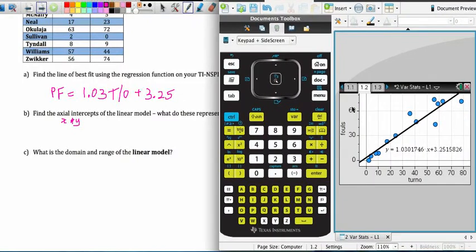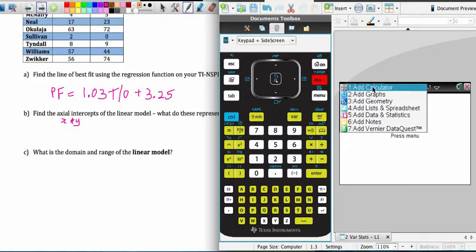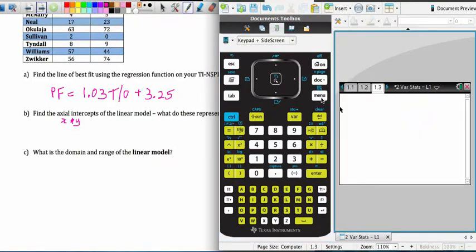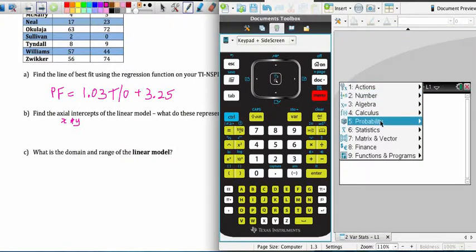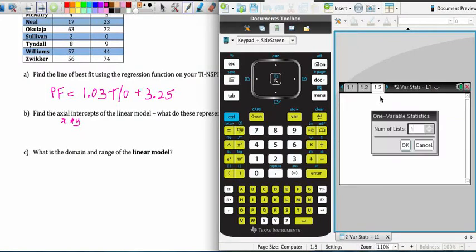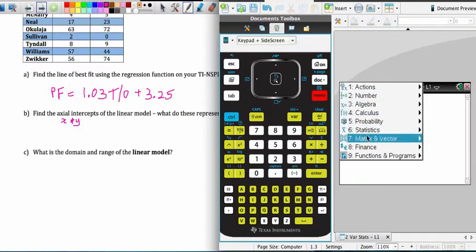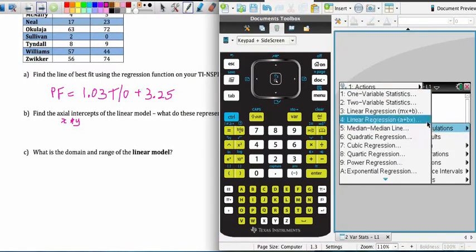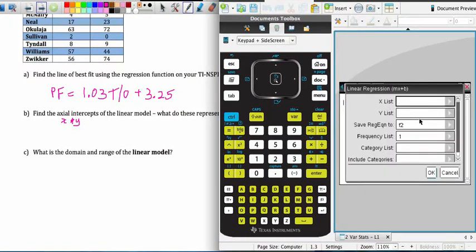And so what I'm going to start off by doing is I'm going to redo the regression calculation. I'm just going to add a calculator page, and I'm going to do the regression calculation slightly differently. I'm going to go via the statistics menu: menu, statistics, stat calculations, linear regression.